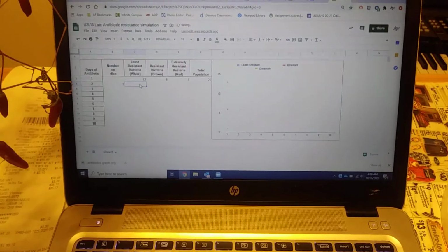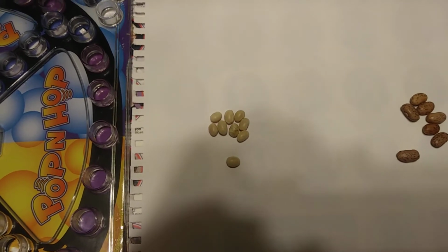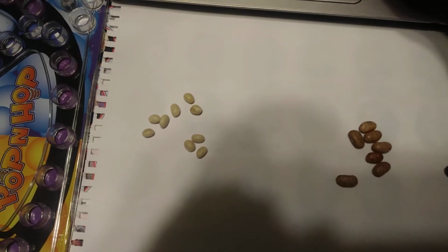The number of least resistant bacteria, we had 13, we minus 5, so that would be 8. And we add 1 more, should be 9. So this one should be 9.